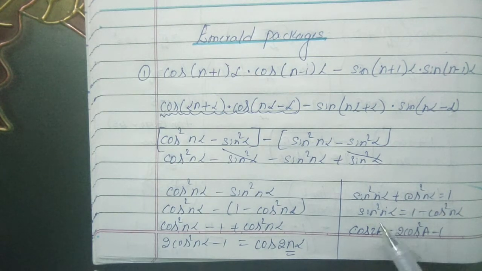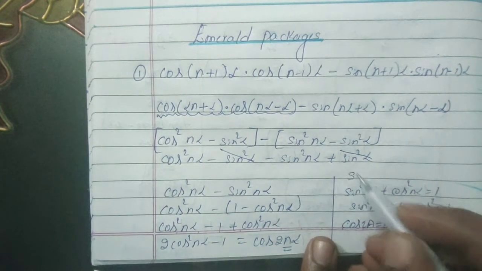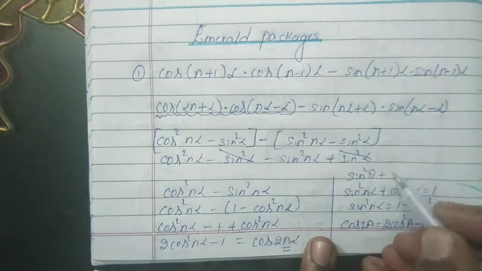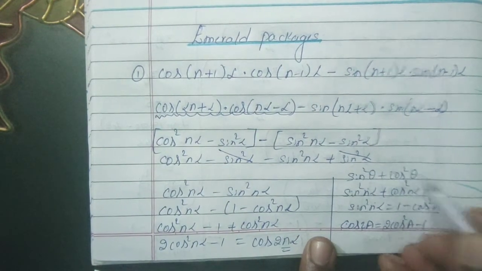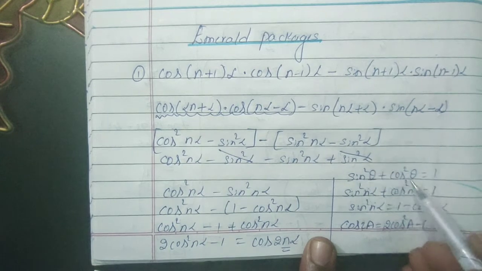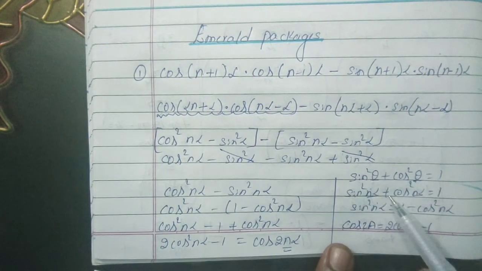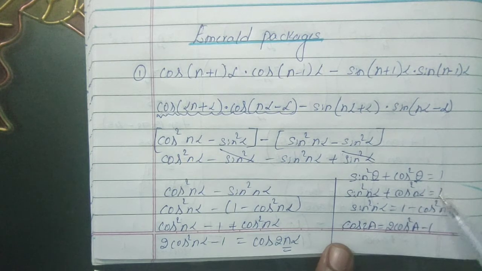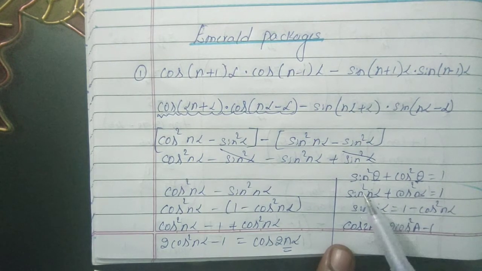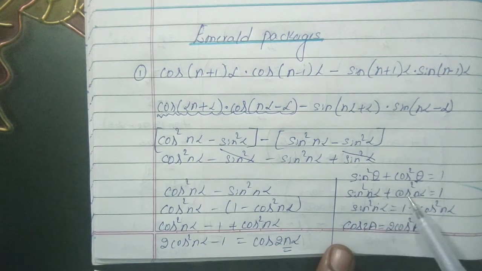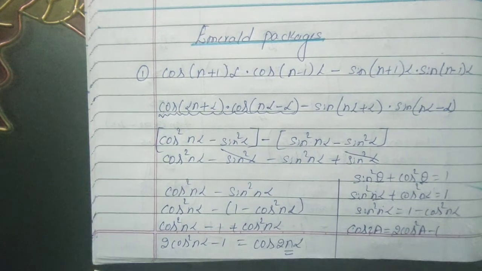Remember students, sin square theta plus cos square theta is what? 1. Sin square theta plus cos square theta is 1. In the place of theta I am taking n alpha. So sin square n alpha plus cos square n alpha is 1. Now keep sin square n alpha on the left side and transpose the rest to the right side: 1 minus cos square n alpha.